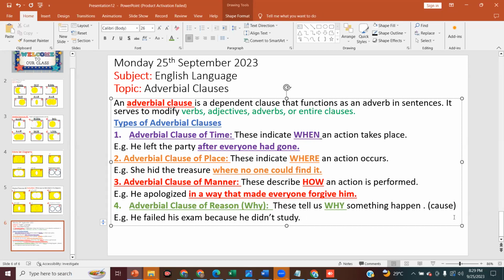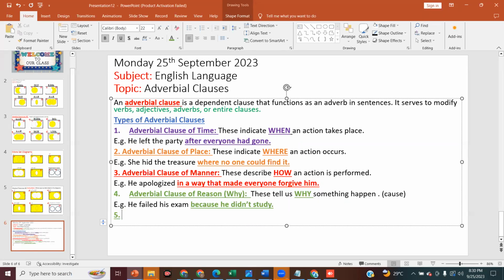So what is the adverbial clause of reason for this one? Because you got to include the subordinating conjunction. Because he didn't study. That's the adverbial clause. All right, good.